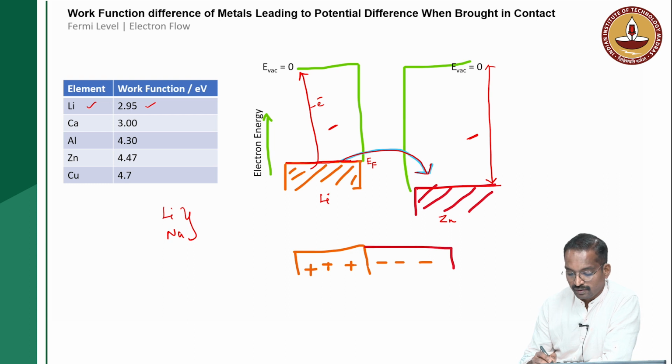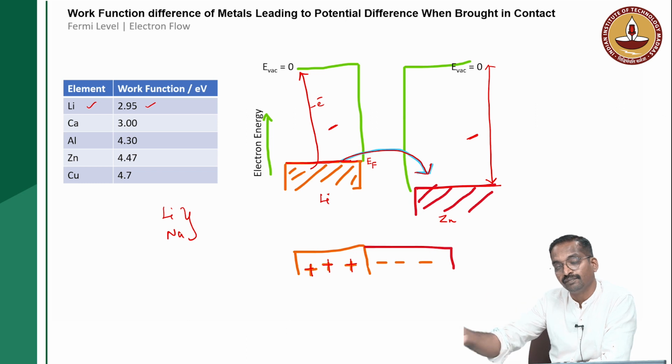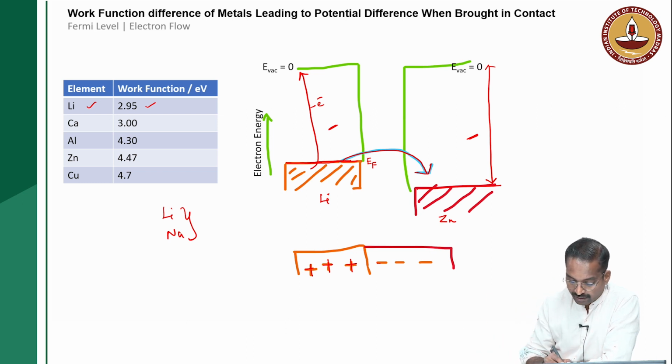When this happens, you would see positive charges produced at the lithium side, because electrons left lithium and landed in zinc, and negative charges produced in the zinc side, because zinc received those electrons which came out of lithium.